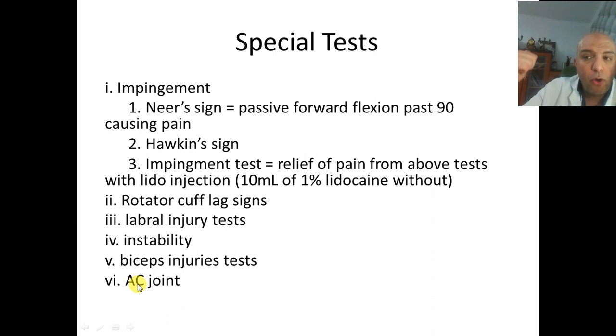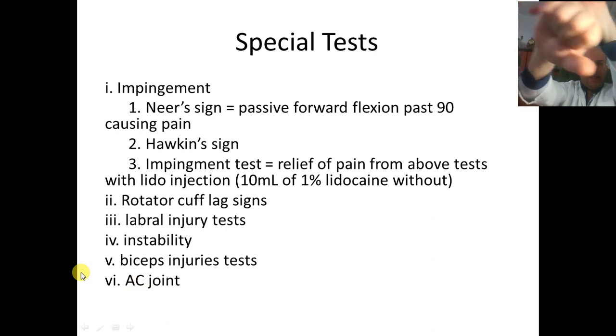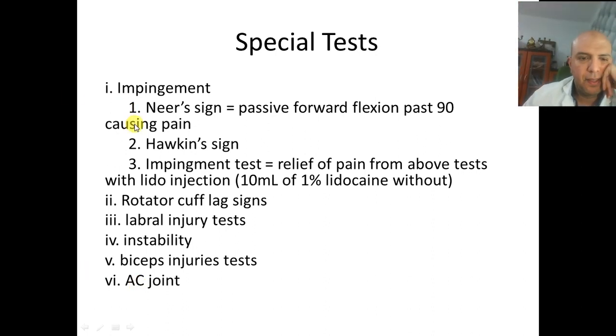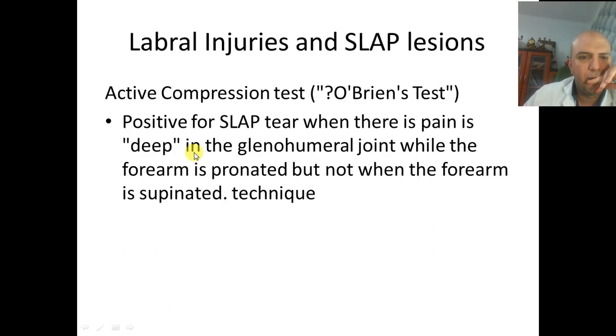AC was through the O'Brien test, which was in abduction 15 degrees, either SLAP or AC. This is in advance; later, I just want you to hold all the chapter of shoulder in front of your mind, then details later.